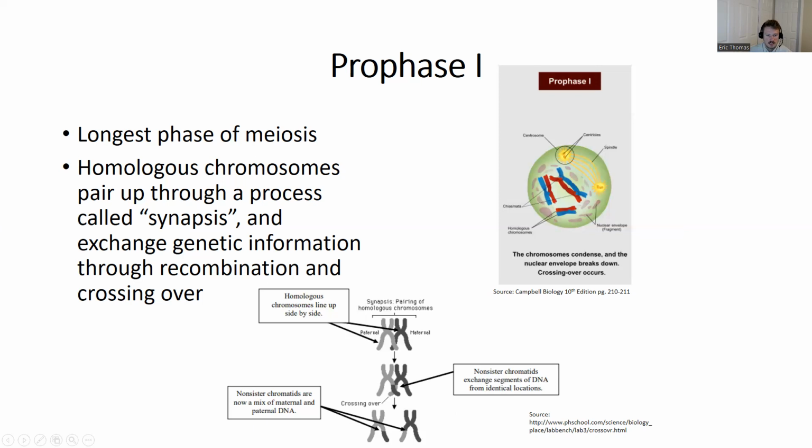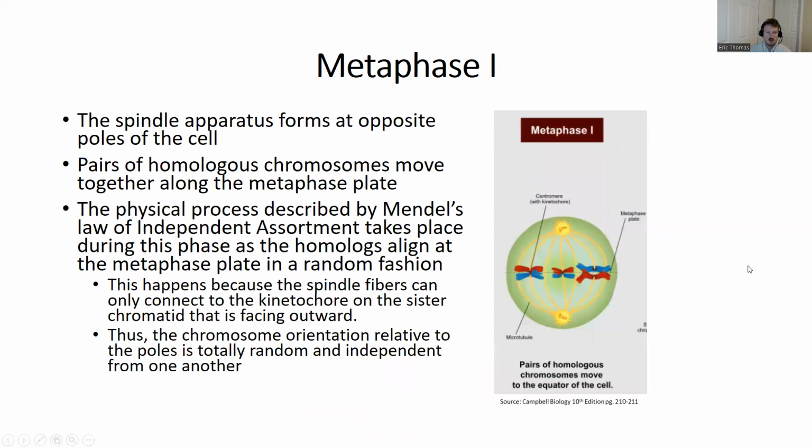And you can see this is a good visual representation of that recombination and crossing over taking place. Once we've completed prophase 1, and there are many subphases within prophase 1, but we're not going to get into them, we move into what's called metaphase 1. So in metaphase 1, the spindle apparatus is forming at both poles of the cell.